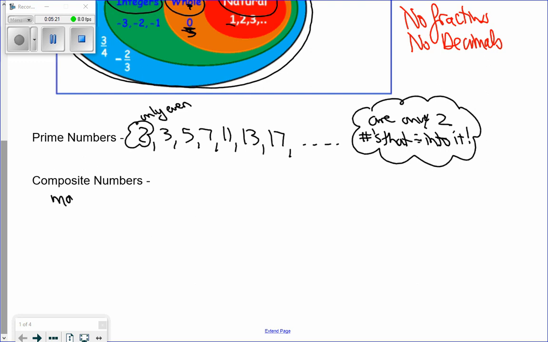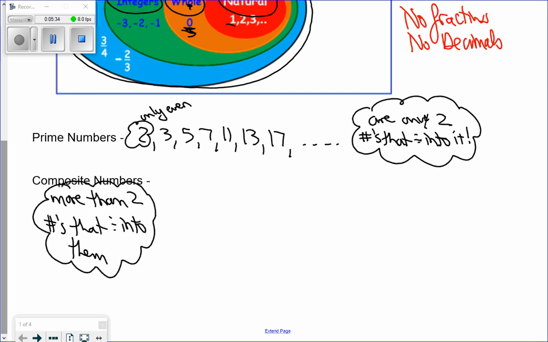So these have more than 2 numbers that divide into them. So for example, 4: 1, 2, 3, 4, 5, 6, 8, 9, 10, 12. Okay, those numbers have more than one number that divides into them.